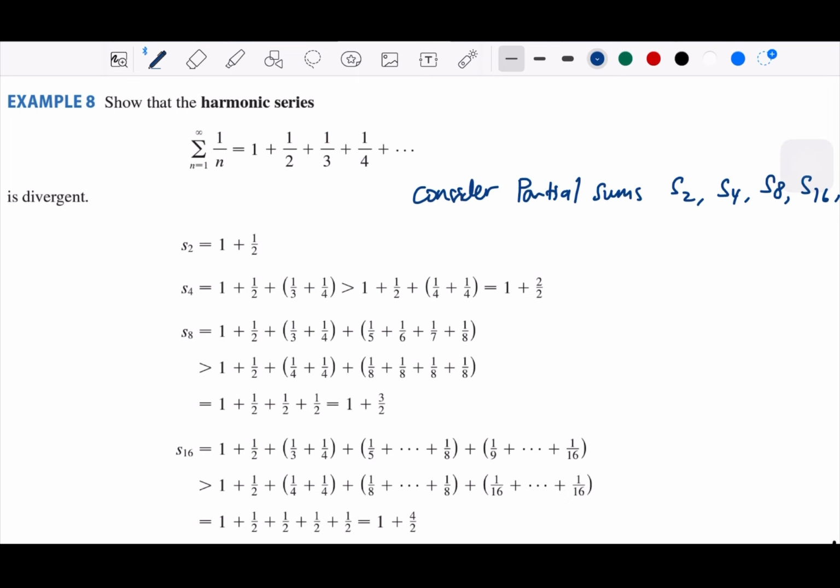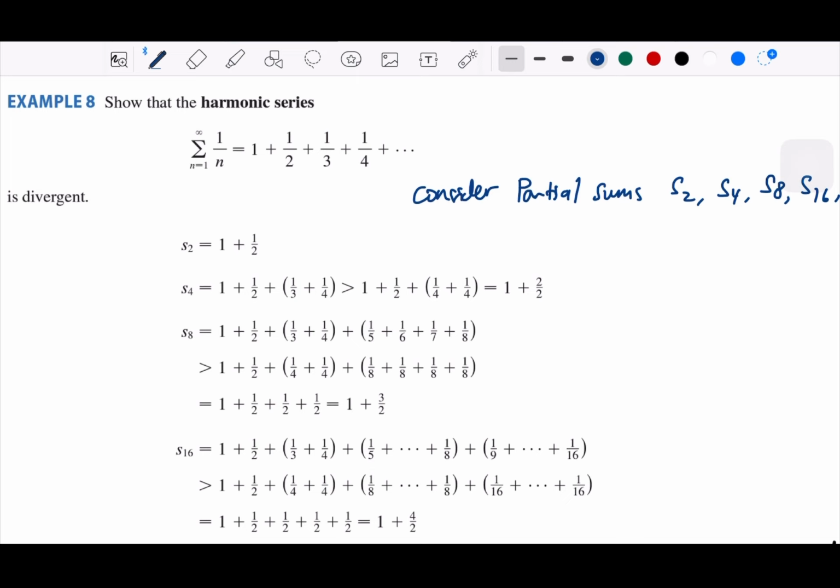Okay, and from this we know that this is going to be larger than, if we change the 1 over 3 to 1 over 4, of course this is greater, right? So we can imagine the value itself.